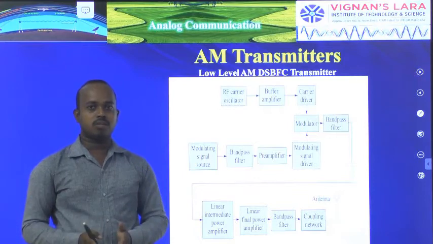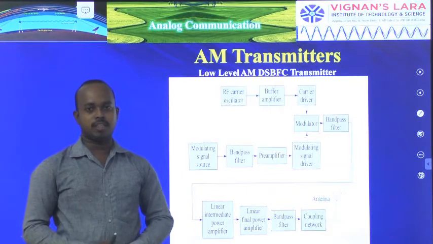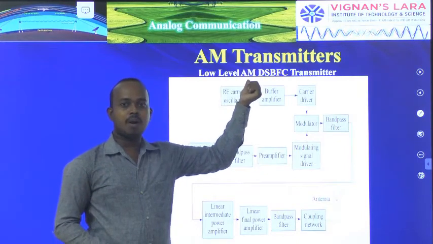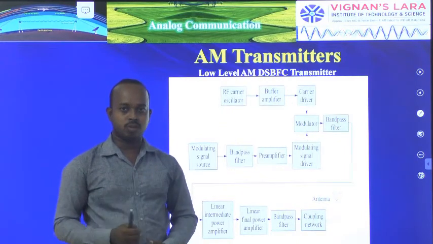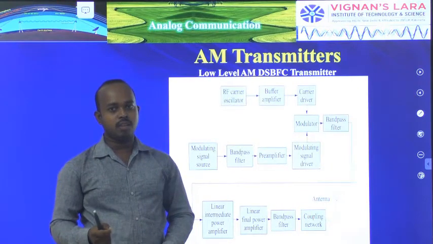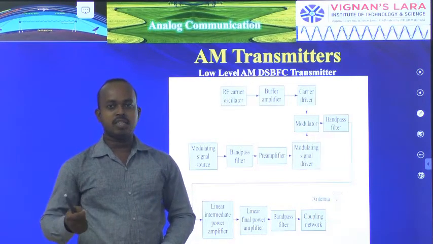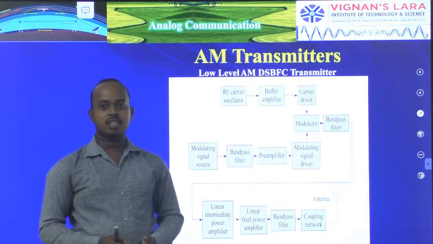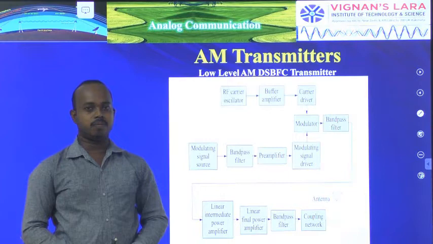That process we call modulation, and here we call it amplitude modulation. Which parameter is varying? Amplitude. The amplitude of the carrier signal varies with respect to the instantaneous values of the modulating signal. That is the definition of AM modulation.